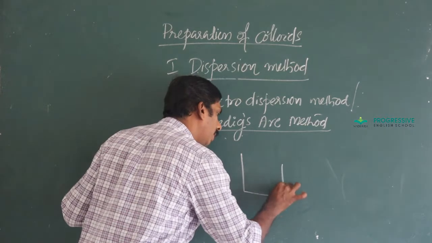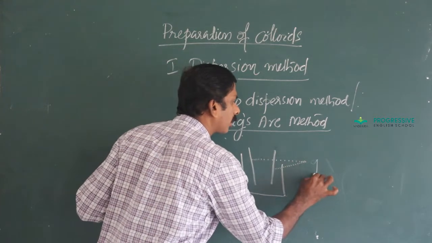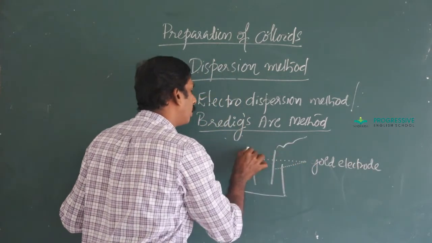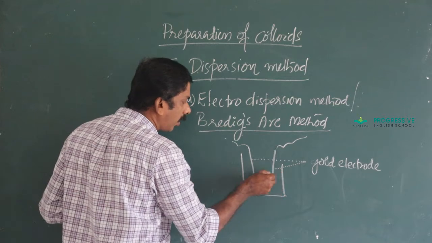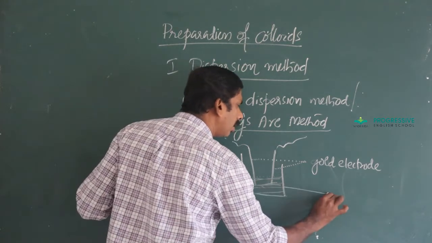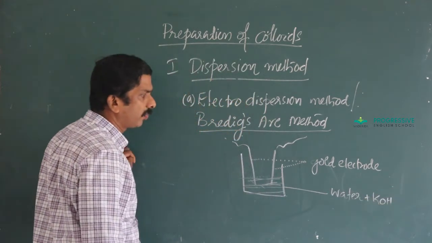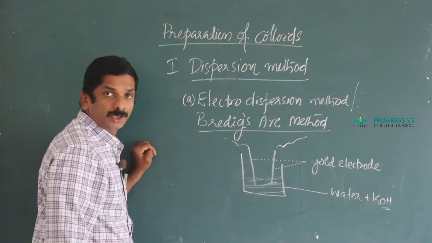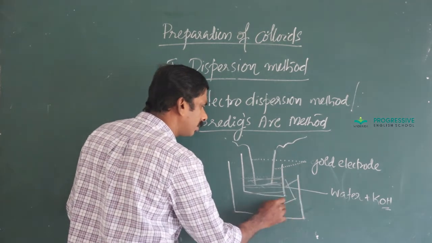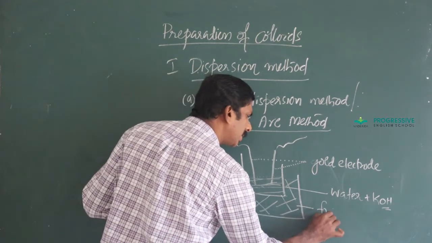Here, these 2 represent gold electrodes. The gold electrodes are dipped in water containing alkali, KOH or NaOH, and it is immersed in a freezing mixture.